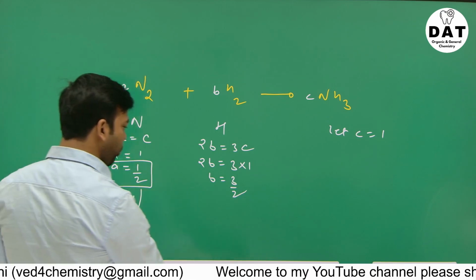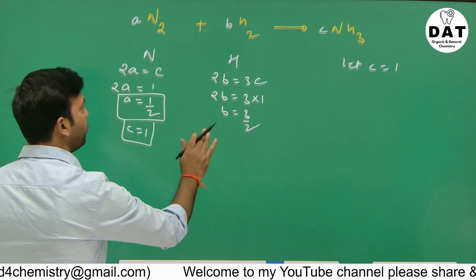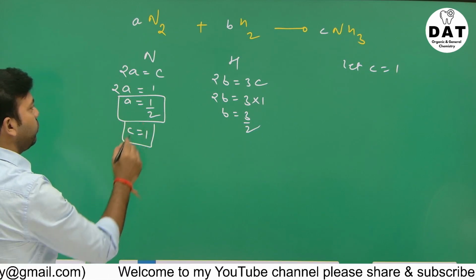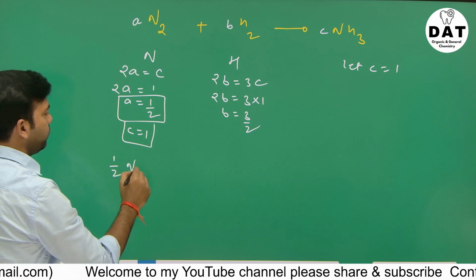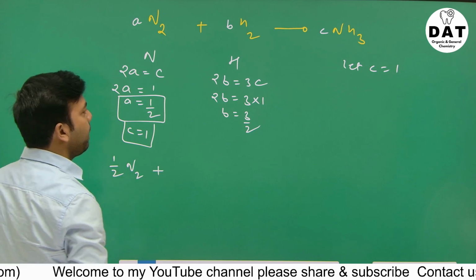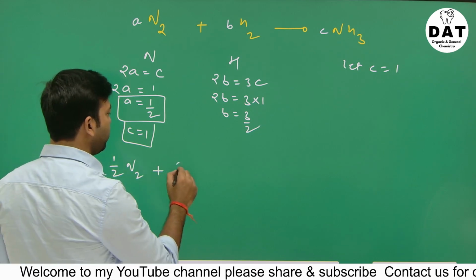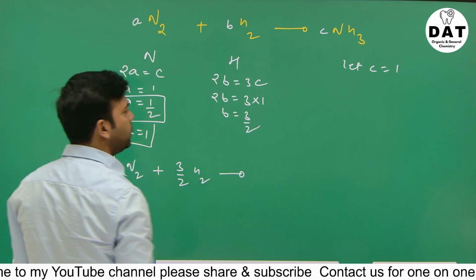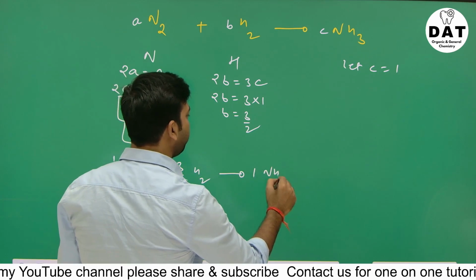So once you have all the values, we can put it in the equation. So look at here, N2 A is 1 by 2, so 1 by 2 N2 plus B is 3 by 2 H2 gives you C is just 1, so 1 ammonia.